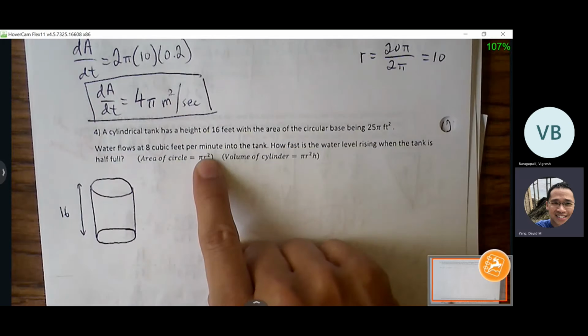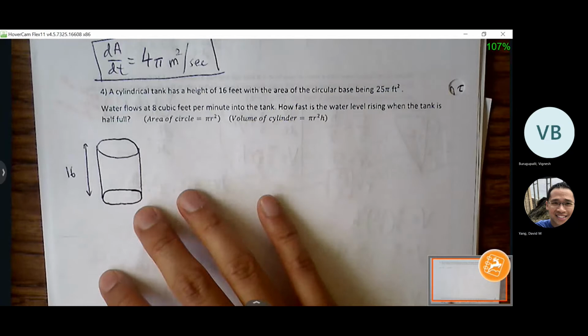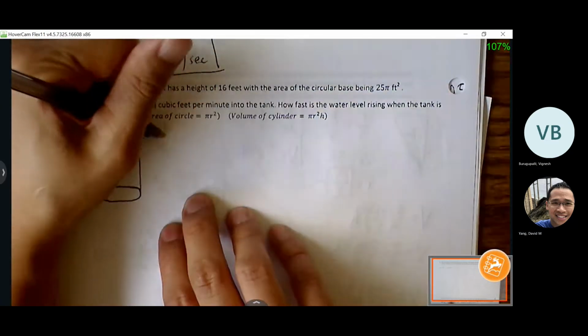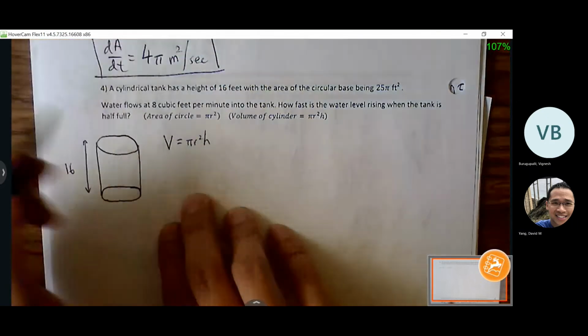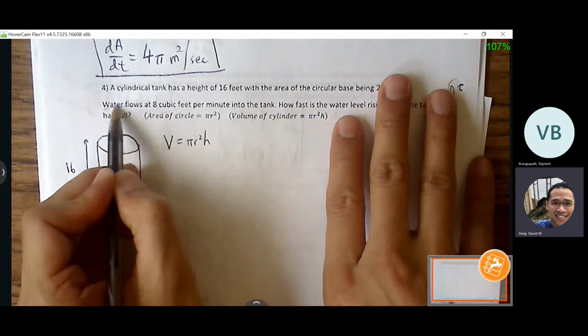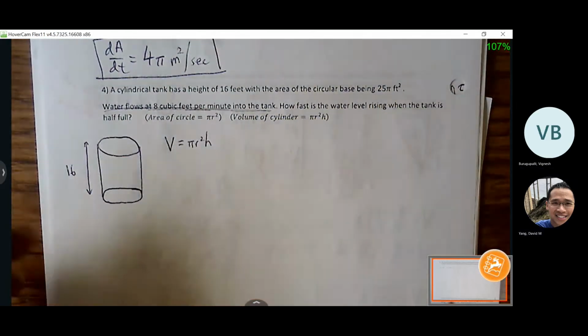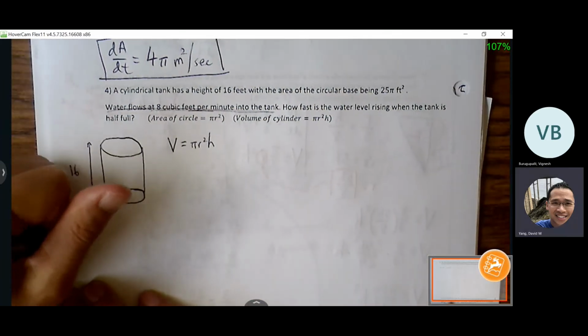Water flows at 8 cubic feet per minute into the tank. Okay, what is that assigned to be? Positive or negative? Positive.